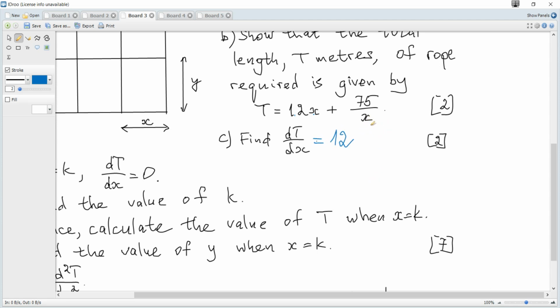And notice that you cannot take a derivative when x is in the denominator. You should first rewrite it to be in the numerator, so rewrite it as 75 times x to negative 1.